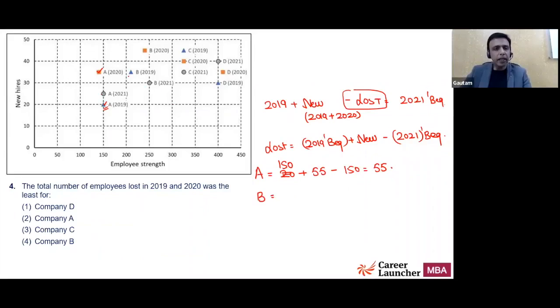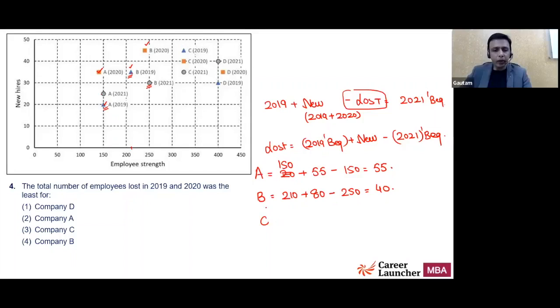Company B, the number of employees in the beginning was almost 210. The new hires for 2019 and 20 would be almost 35 plus 45, that is 80. Minus the number at the end of 2021, which is 250. So this means almost 40 employees have left company B in 2019 and 20.